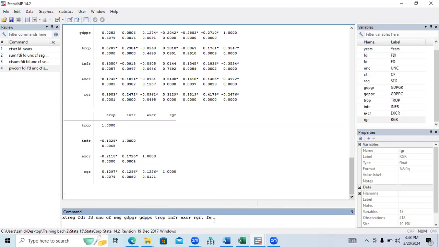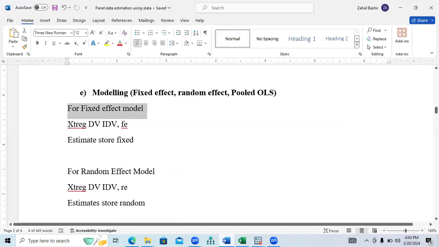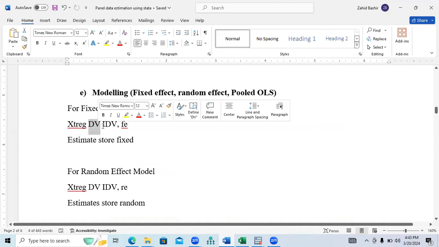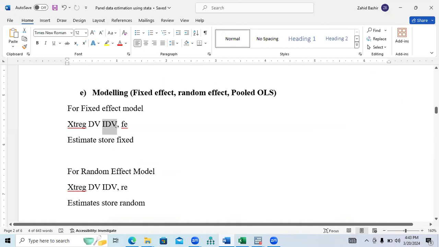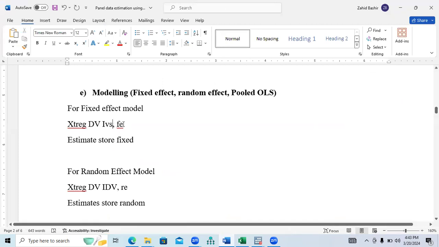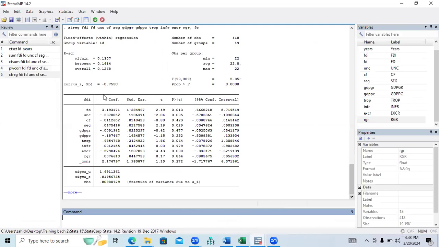FE is basically the fixed effect estimation, because in my command line I have mentioned here xtreg. Then you need to put a DV, then your IVs one by one, then FE. Then you need to click enter and it will run the fixed effect command.